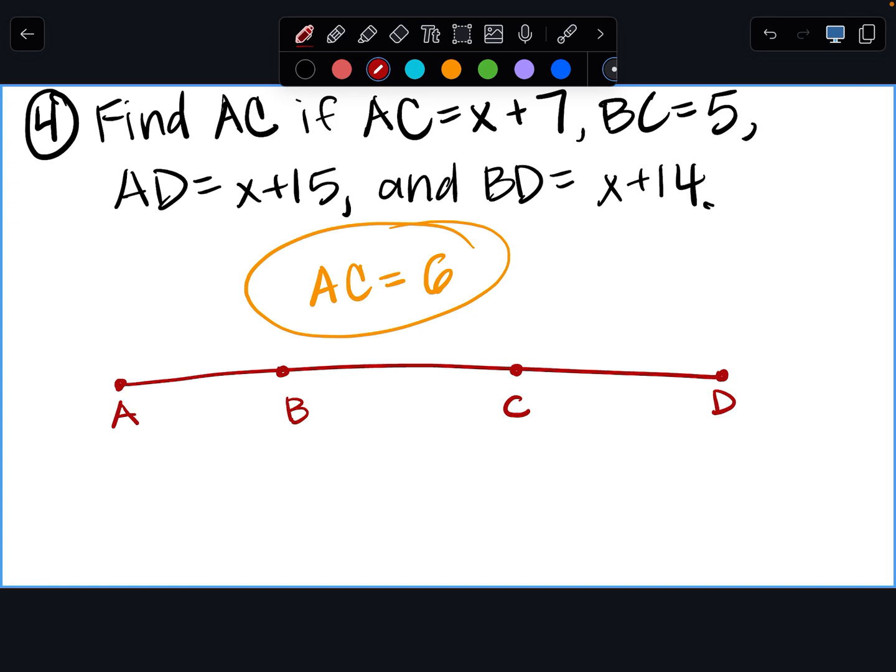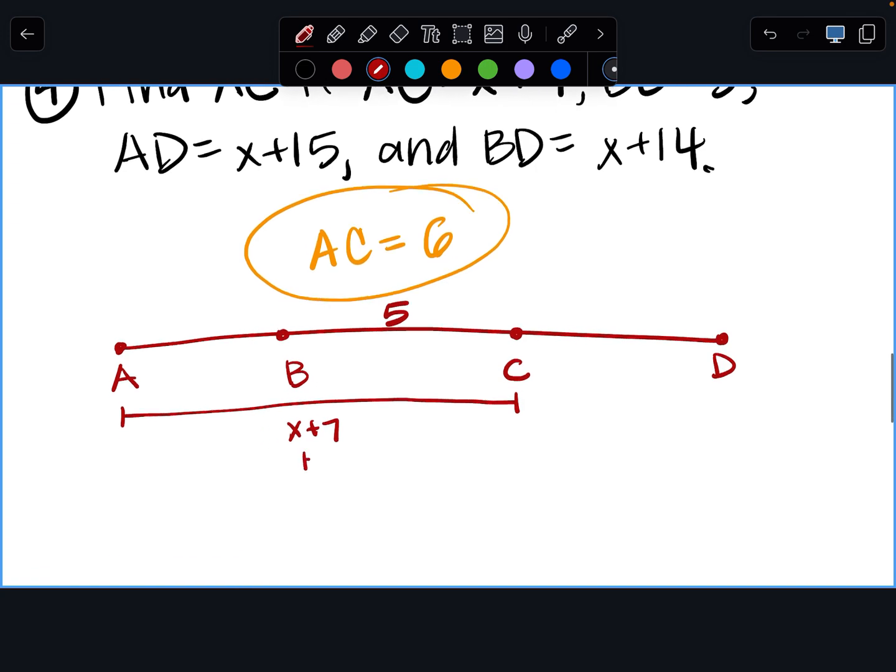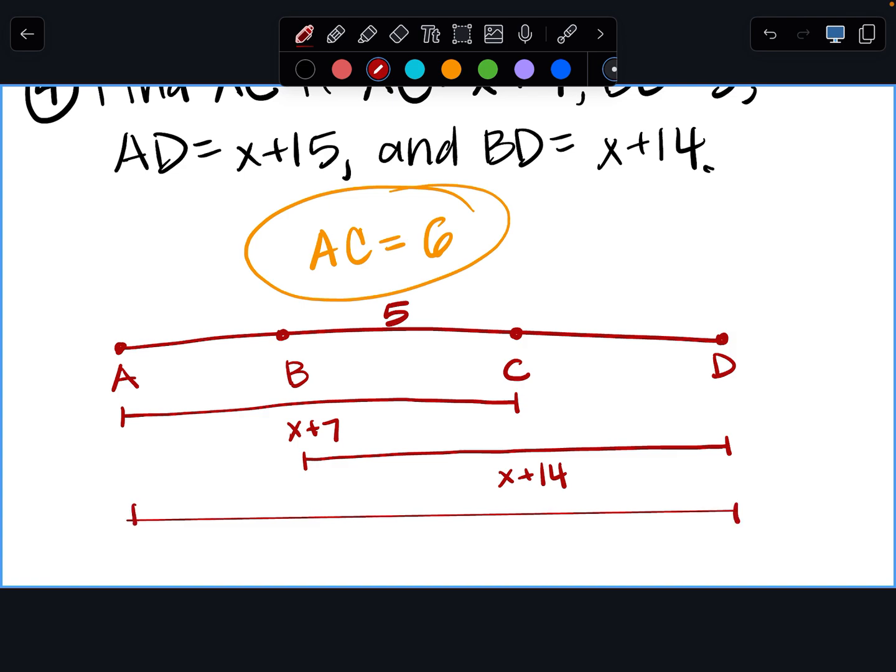BC is 5. AC is x plus 7. The whole thing, well, let's do BD first. BD is x plus 14. And AD, the whole thing, is x plus 15.